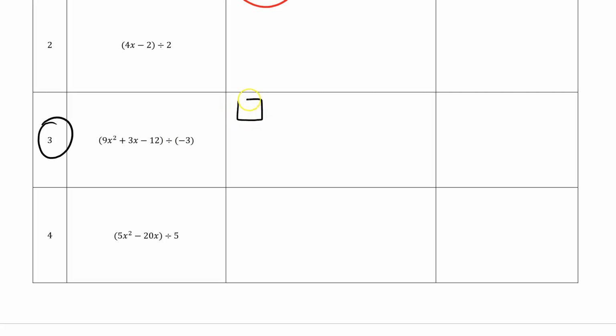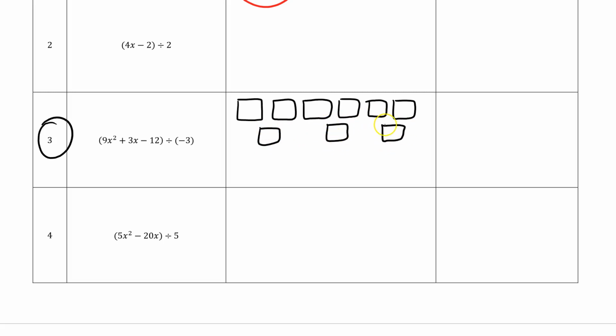So what I'm going to do is I'm going to go 1, 2, 3, 4, 5, 6, 7, 8, 9. So these are all my x squareds. So now I'm going to draw my 3 x's. 1, 2, 3, and now I'm going to draw my little ones.